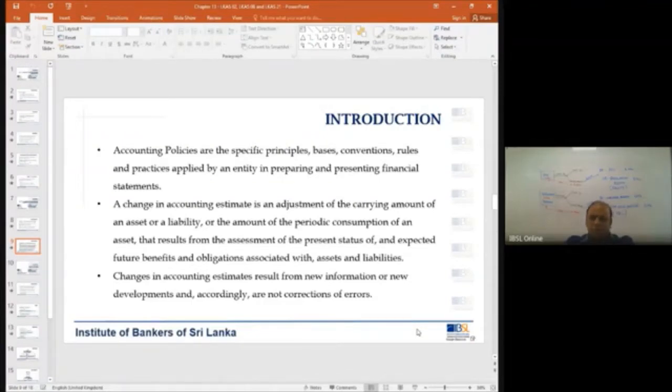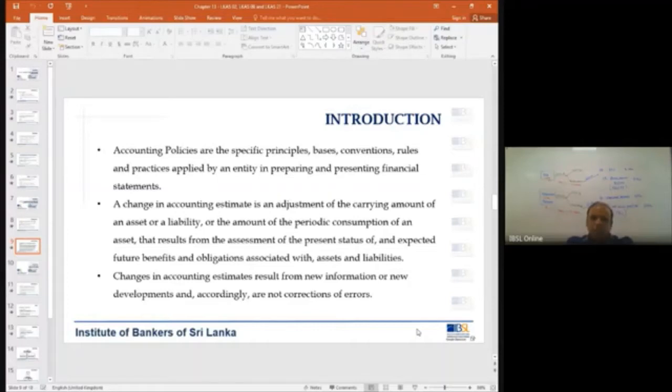Okay. So what does it mean? A change in accounting estimate. Now, if you decide upon a depreciation rate, that is your accounting estimate. I assume this asset could be depreciated over a period of 5 years. That is my accounting estimate.